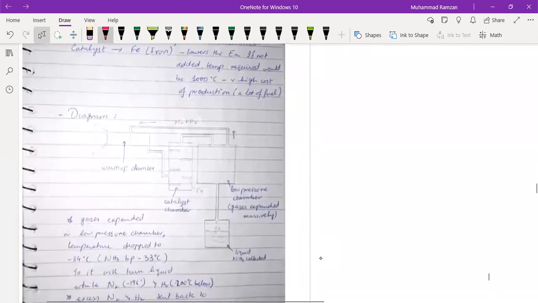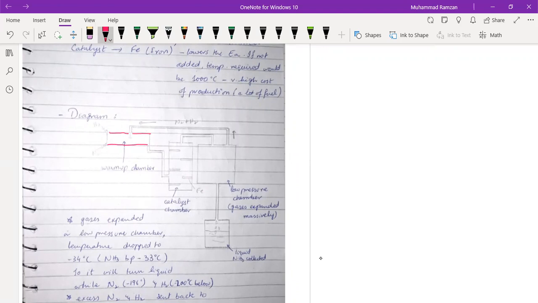From this side, this is a container, and this is a container. It is a warm-up chamber, and then it goes into this.